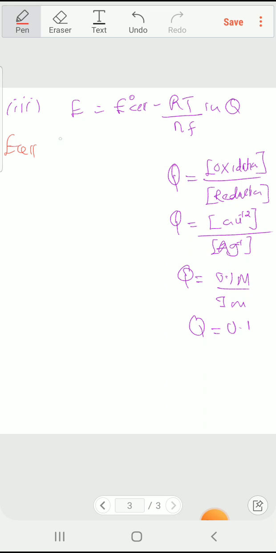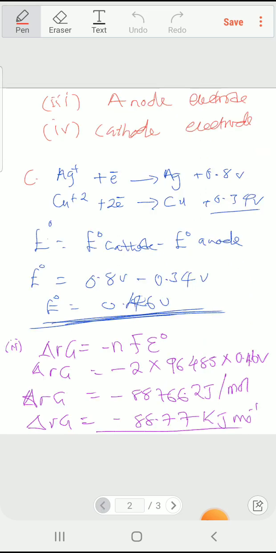So here E cell is equal to, what is my E standard, the E cell standard? It is the one that I calculated at first, which is 0.46, then minus. Then what is R? R is the gas constant. I have been given this constant.